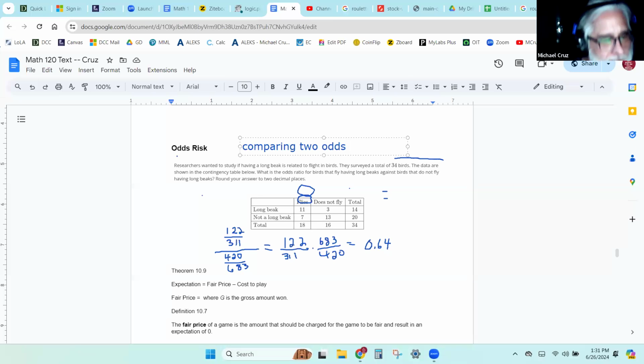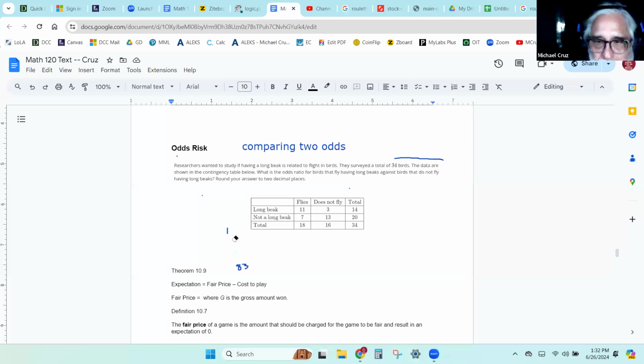And this is the hardest part about it: odds and probabilities can both be looked at as a ratio, as a fraction, but generally I like to write the odds with a colon just to make a distinction between them. But it's really the same procedure now, except that we're going to use the odds in each one of the places. So we're not going to use the total. We're going to use the number that makes up the other number that makes up the total.